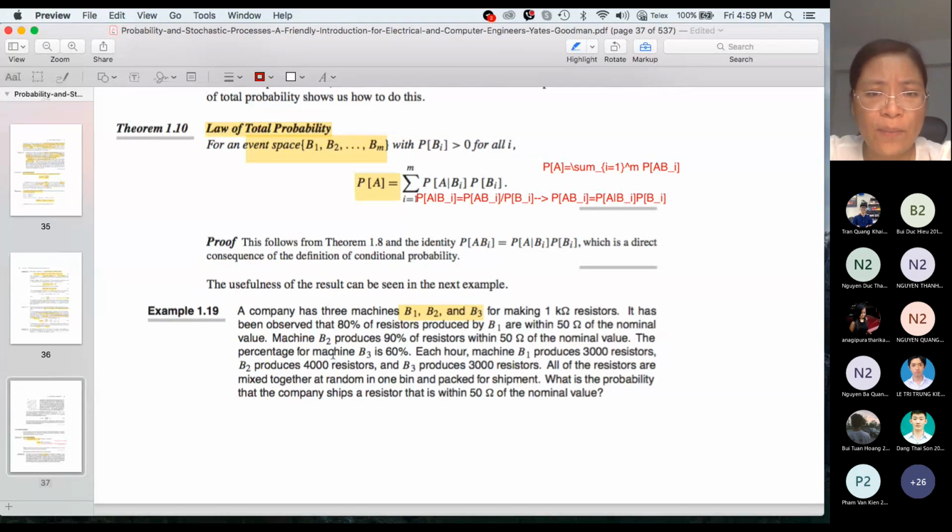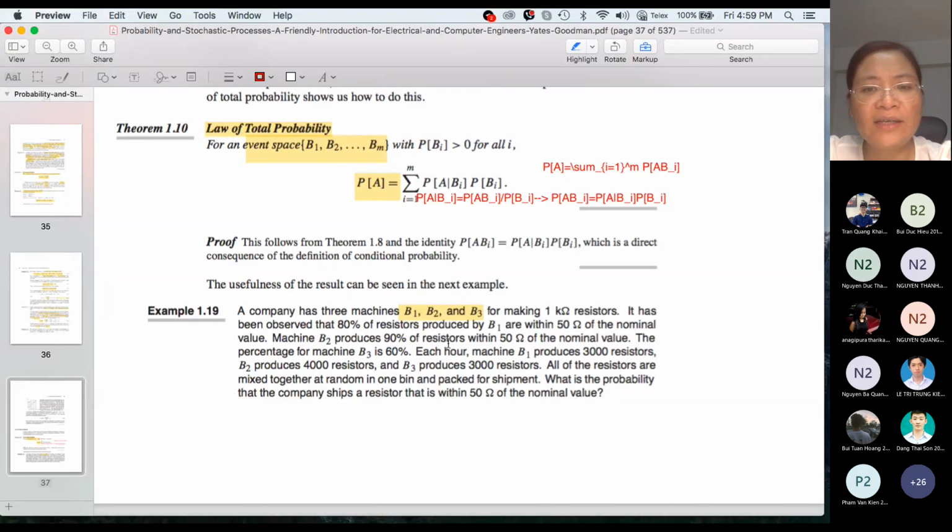The percentage for machine B3 is 60%. Each hour, machine B1 produces 3,000 resistors, B2 produces 4,000 resistors, and B3 produces 3,000 resistors. All of the resistors are mixed together at random in one bin and packed for shipment. What is the probability that the company ships a resistor that is within 50 ohm of the nominal value?